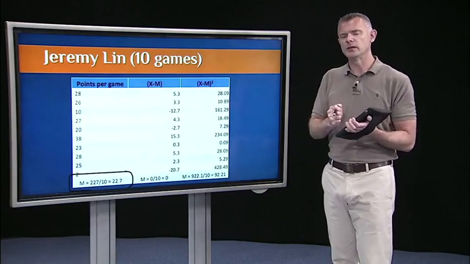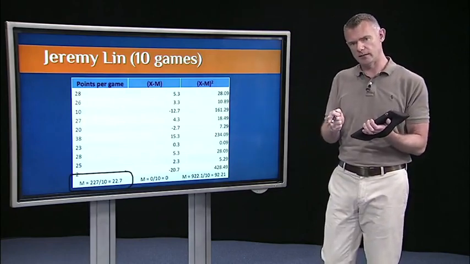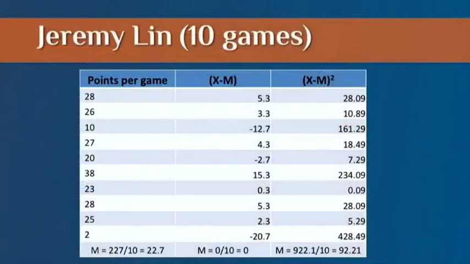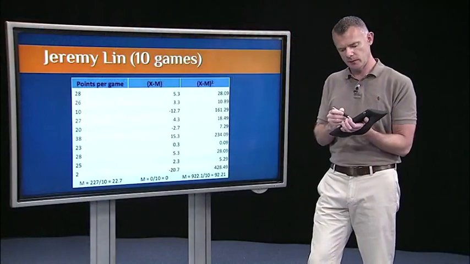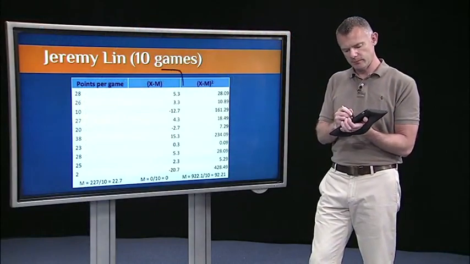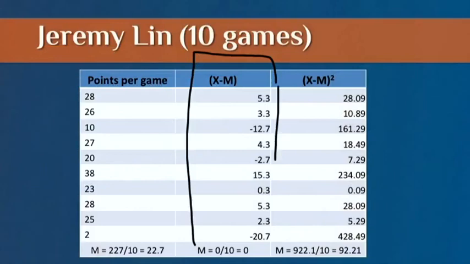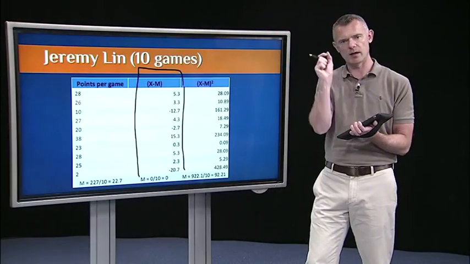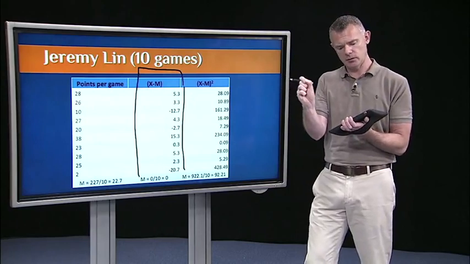But we want to know about his variability over those 10 games. So the way to calculate variability is variance and standard deviation. The first thing we want to do is for each game, we want to calculate what's known as a deviation score. And that's this column. To get a deviation score, I just take how many points Jeremy Lin scored in one game and compare it to his average.